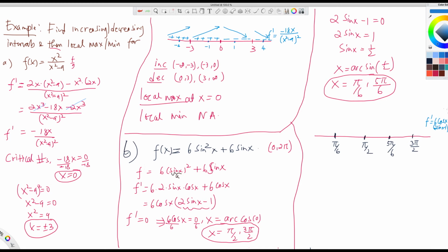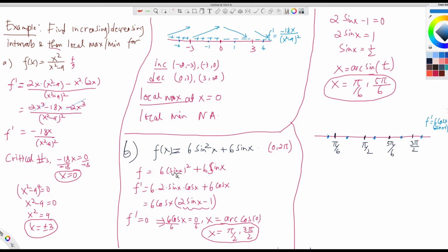We'll be finding the sign of f prime, right? So I suggest you use a calculator and plug in a test point here, here, here, and here, and then check the sign.